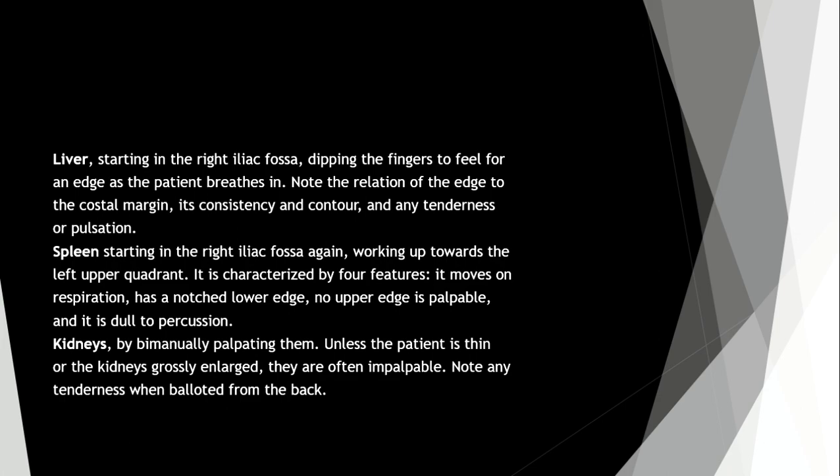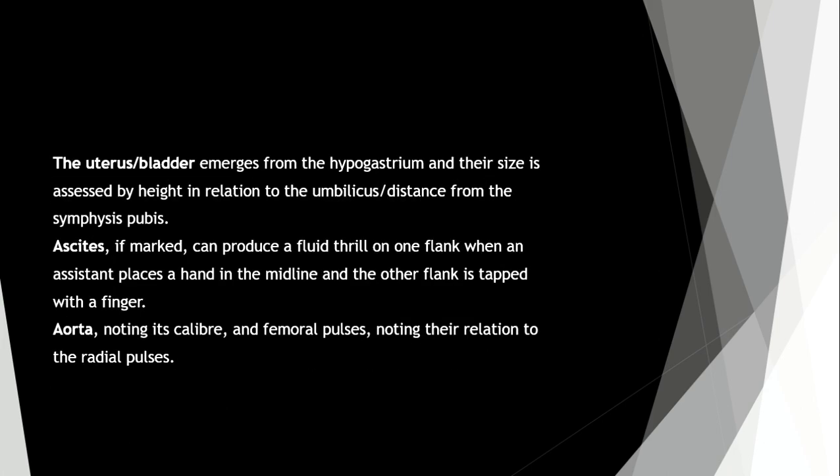Kidneys. Palpate them bimanually. Unless the patient is thin or the kidney is grossly enlarged, they are often impalpable. Note any tenderness when balloted from the back. The uterus and bladder emerge from the hypogastrium, and their size is assessed by height in relation to the umbilicus or distance from the symphysis pubis.